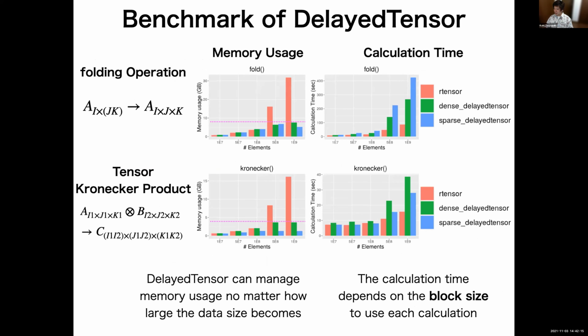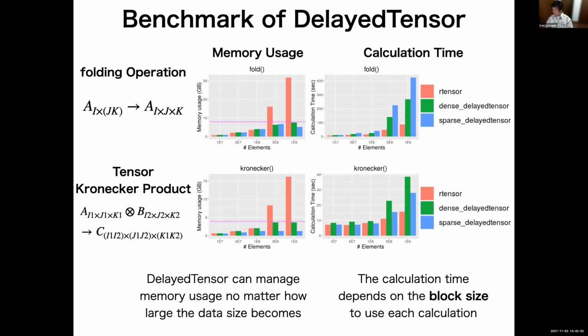This is a benchmark of DelayedTensor. The red bar means the result of rTensor with the standard array. The green bar shows the results with dense mode DelayedArray, and the blue bar shows the result of sparse mode DelayedTensor. These left two plots are the memory usage, and the right two plots are the calculation time. Here, I tried the folding operation and the tensor Kronecker product.